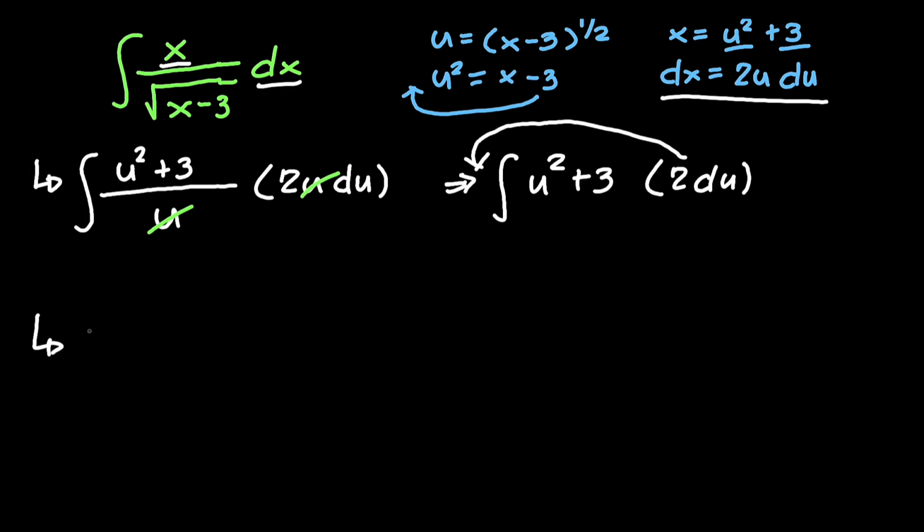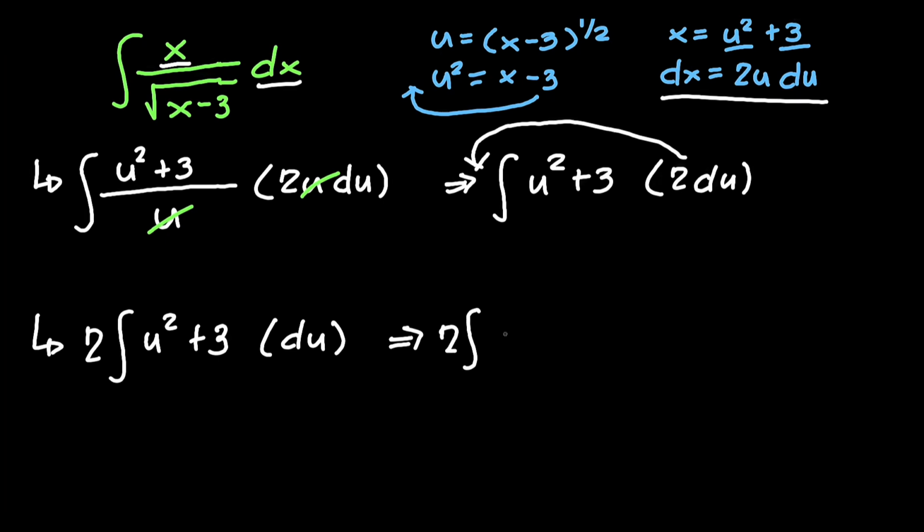So, it would become 2 the integral of u squared plus 3 all multiplied by du. And now, this is a simplified integral and we can solve this. And so, we can split this apart. So, it would become 2 the integral of u squared du plus 2 the integral of 3 du.